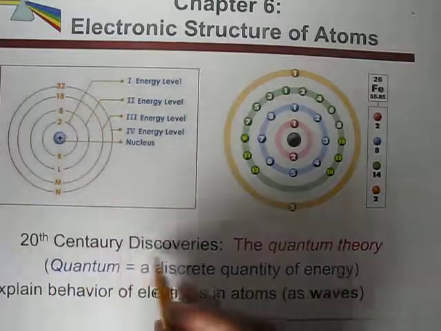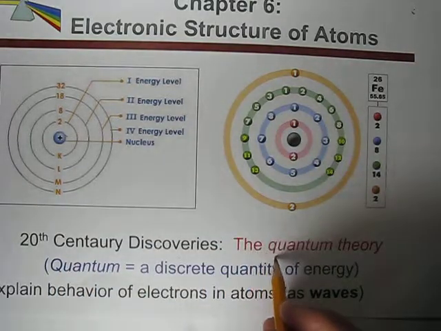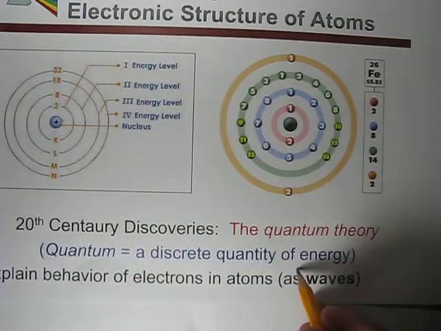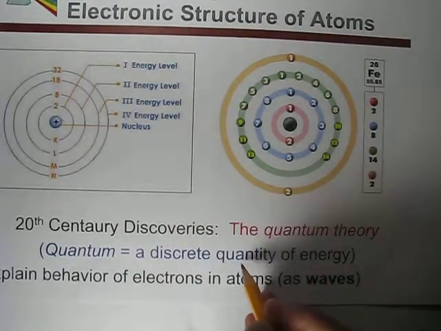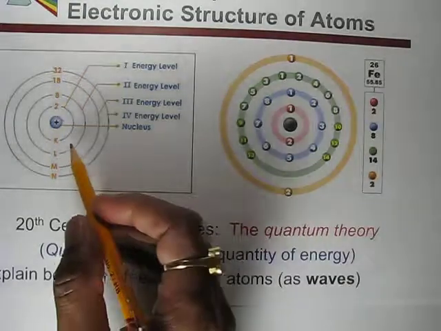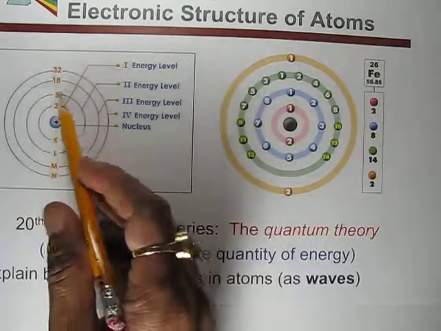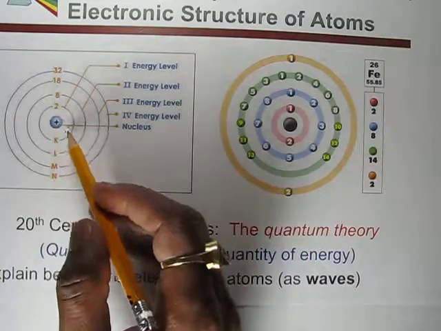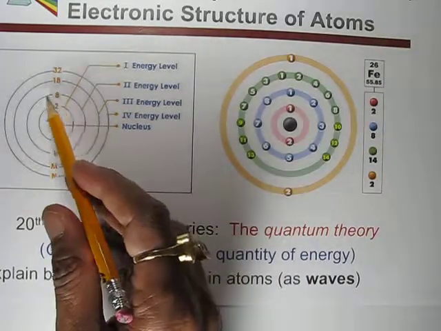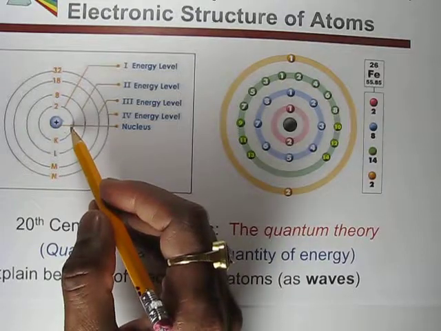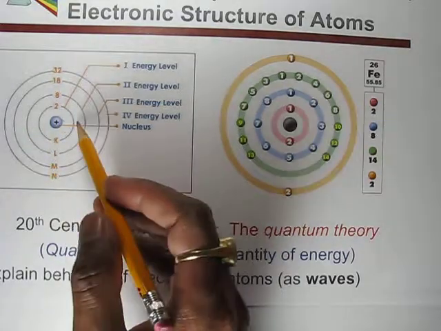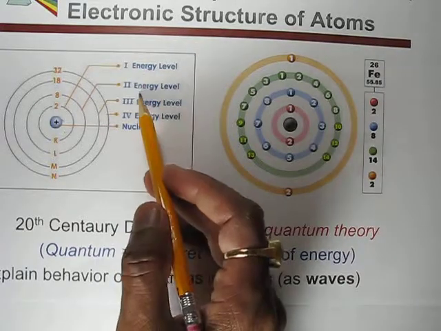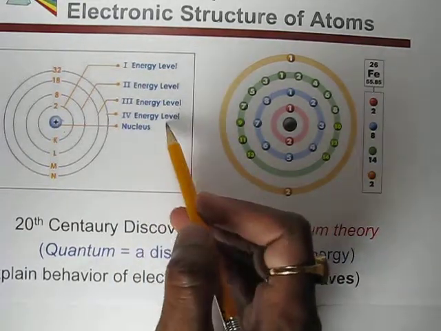So in the 20th century, the discovery was the quantum theory. Quantum means a discrete quantity of energy, a fixed quantity of energy. So each shell or each circle has a fixed energy, and the electrons are moving in their own. High energy electrons will move in the first level of energy, second level of energy, third level of energy and fourth level of energy.